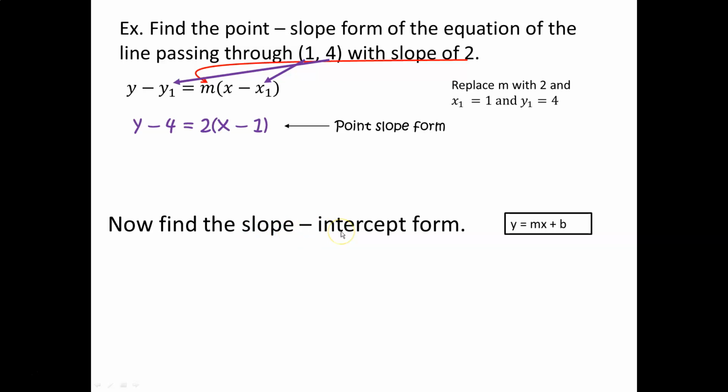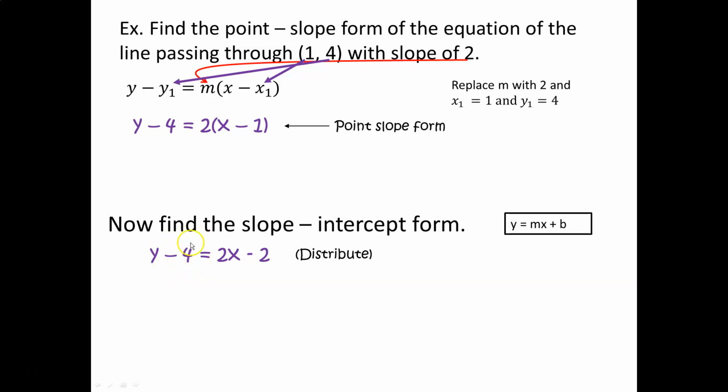Now we want to find the slope-intercept form. The first thing we're going to do is distribute that 2 to the x and the minus 1. You might want to write down that we distributed. You could put the arrows in if you like. Once we've distributed, which is always our first step going from point-slope form to slope-intercept, we need to get rid of this minus 4 by the y.